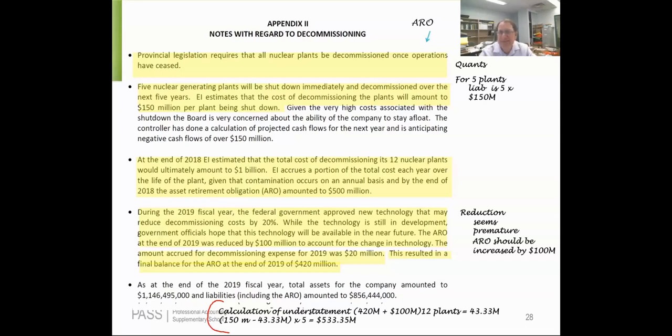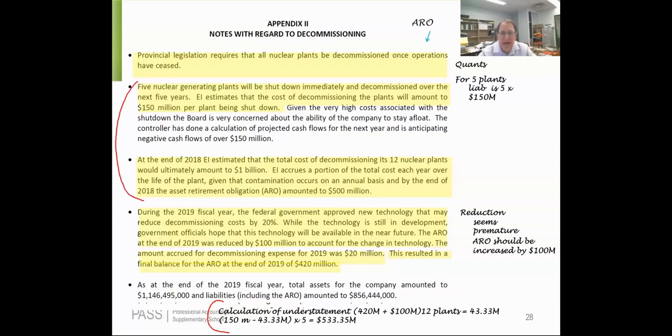All right, people, look. It's really 2 paragraphs and 1 sentence that you have to put together. If I have 5 plants that I know I'm going to have at 150 million, that alone is 750.